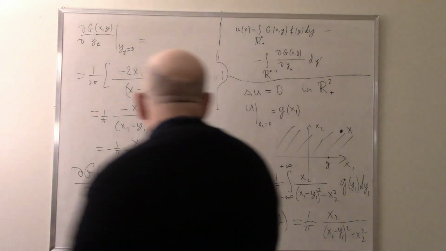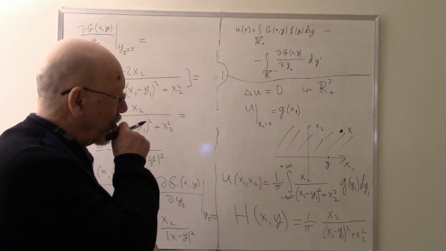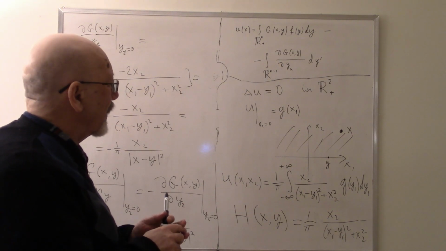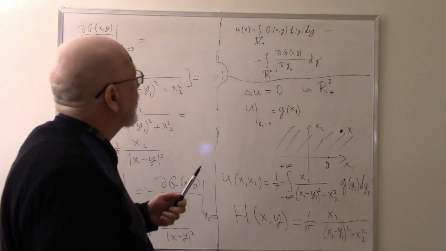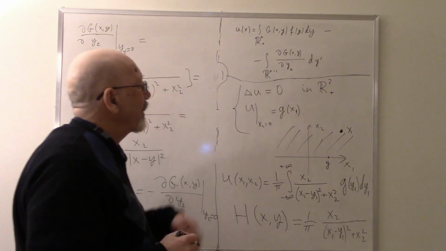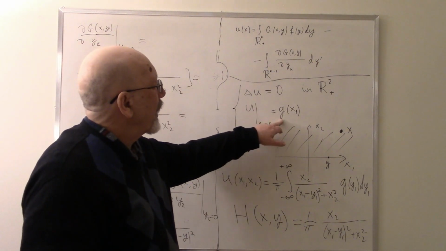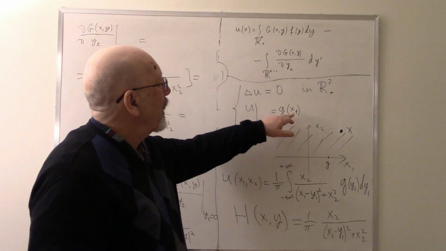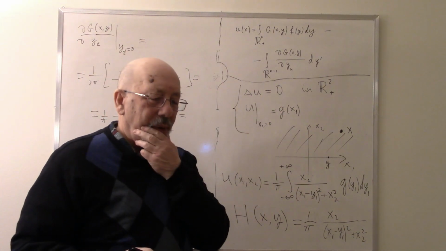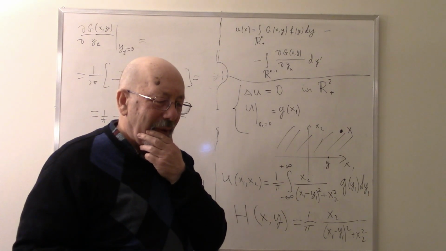Okay, and let us consider the following thing. We solve this Dirichlet problem, where we have something on the boundary, and the function should be a harmonic function.